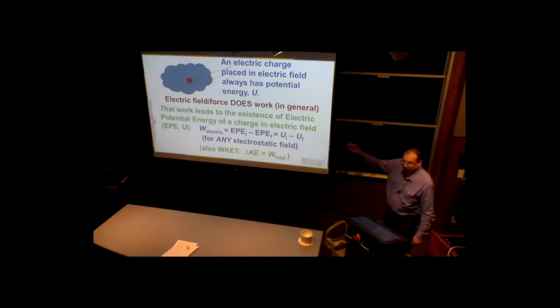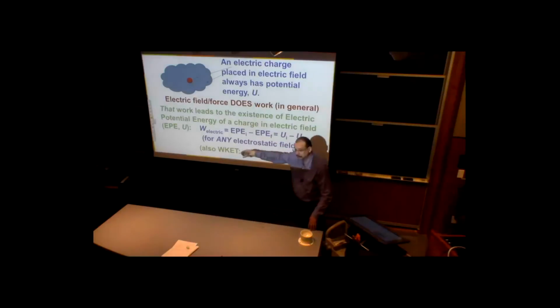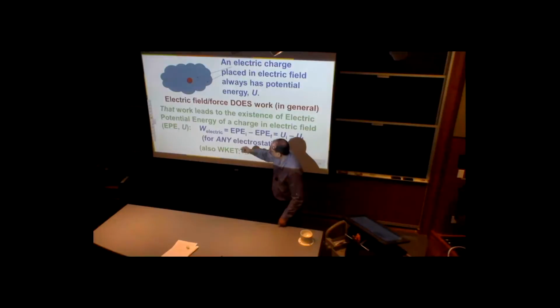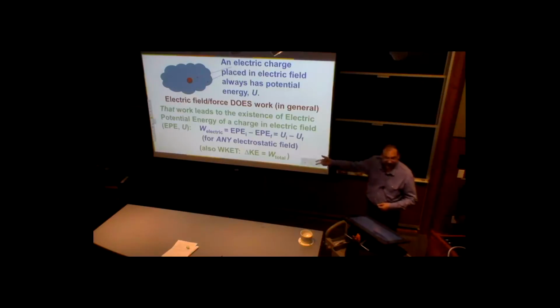Any charge placed in any electric field has that thing we call potential energy, which is related to work. If a charge has been moved, for example, from one location to another, maybe we did some work, maybe, but the electric field definitely did some work, and it is equal to this. And this is a handy equation we will use again, or the kinetic energy theorem.